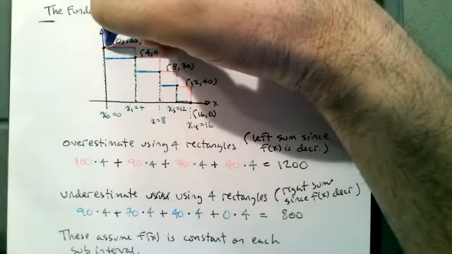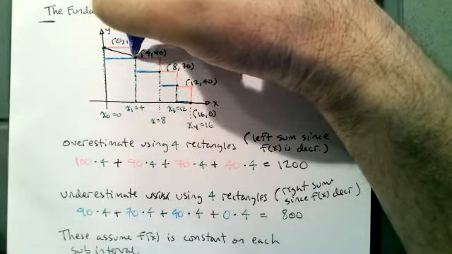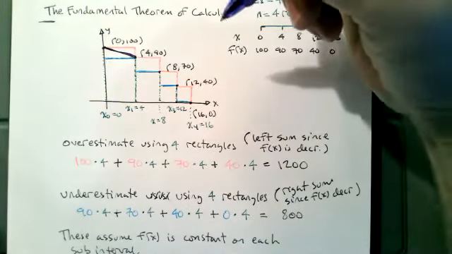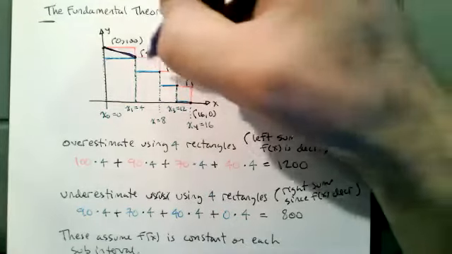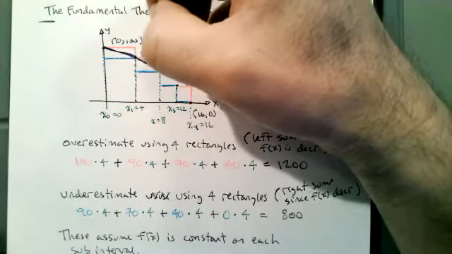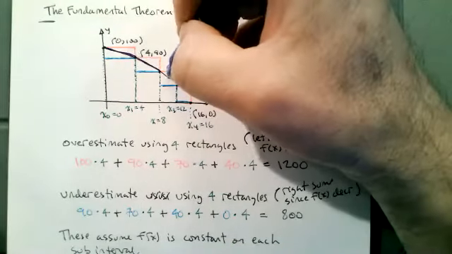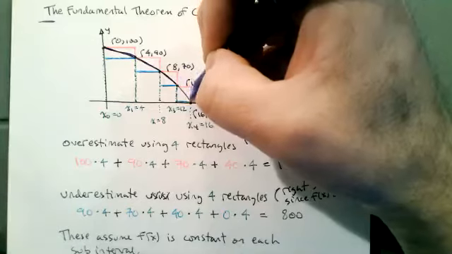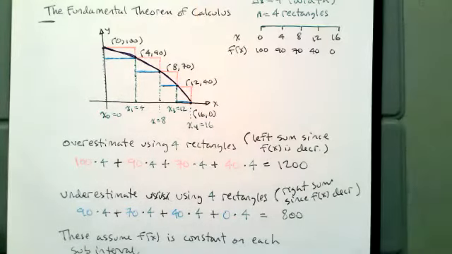We're saying the function is just linear. But I have all these points, and I'm just going to connect the dots style. So connect the 90 to the 70. And we're just drawing all these trapezoids. And then this last one comes out to be a triangle because one of the bases is 0. But we can connect the function with lines.